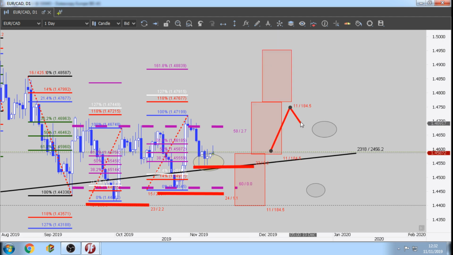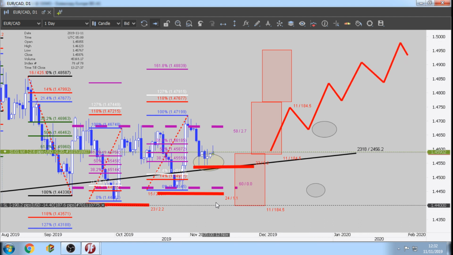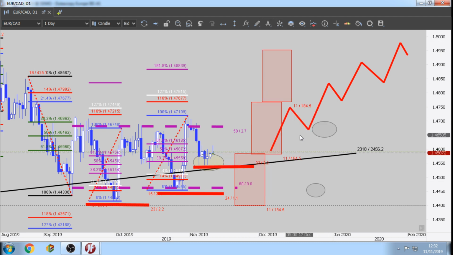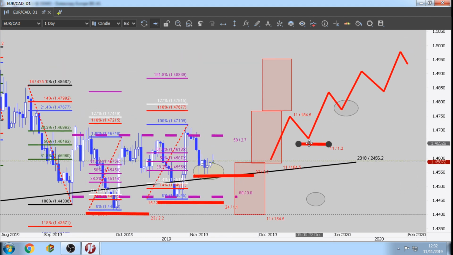If the market is going to go up and up, as soon as the market makes a higher high, I'm going to cancel and replace my stop. And if the market makes another higher high, I'm going to cancel and replace my stop again.